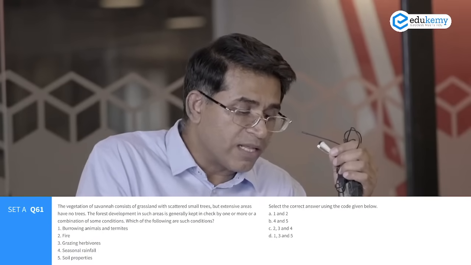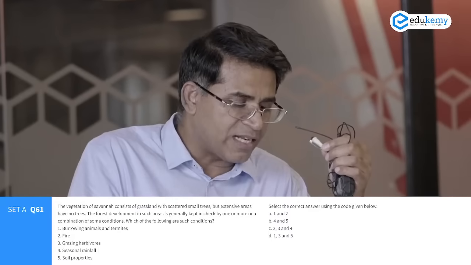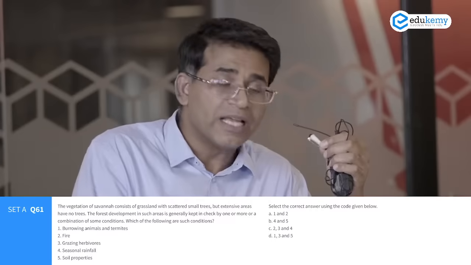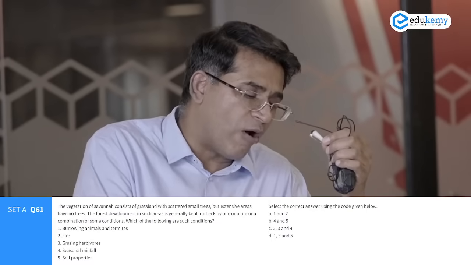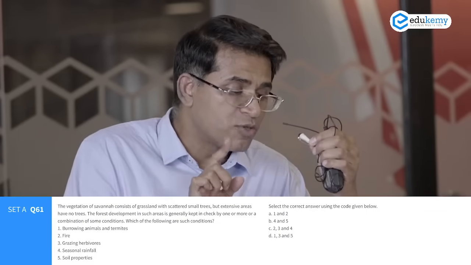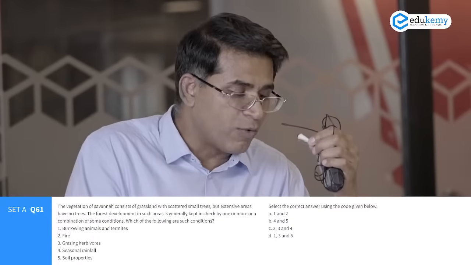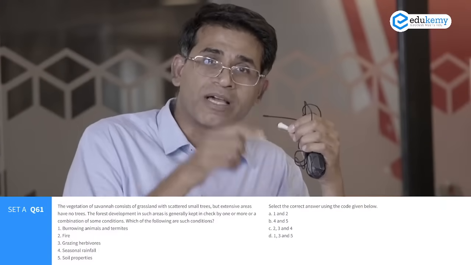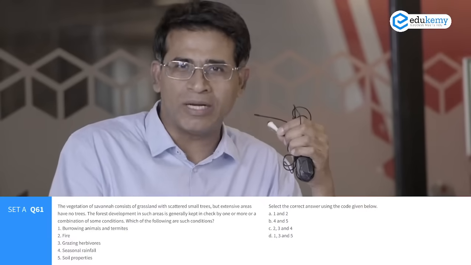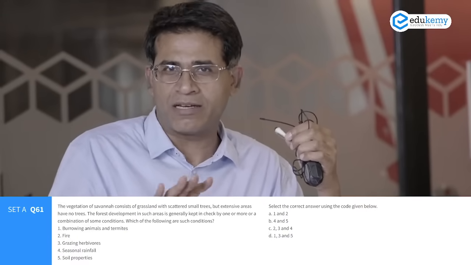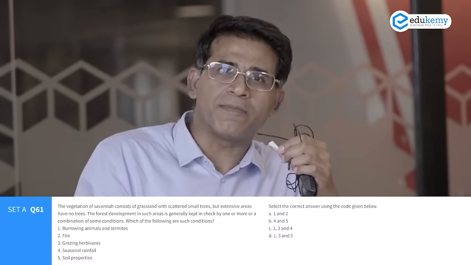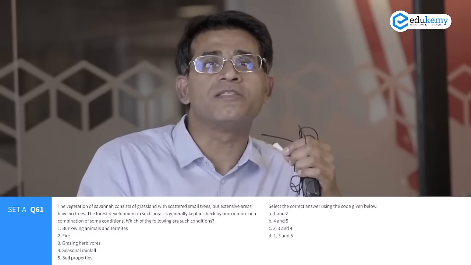So I would then converge on choice A and choice C because both have 2. Now the question was, if you ask me, there is merit in all the 5 statements. But if I'm choosing the choices, I would have gone for grazing herbivores as very important. Grazing herbivores actually control the amount of vegetation on the ground. Elephants in savanna landscapes are a keystone species.